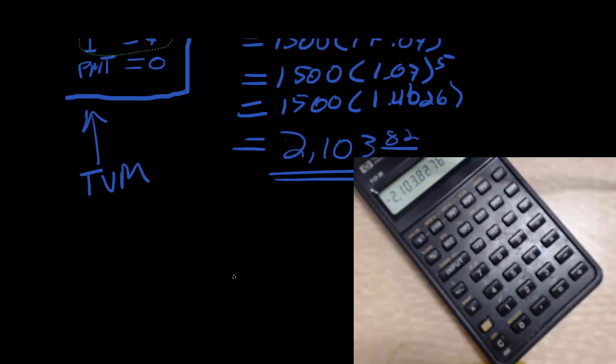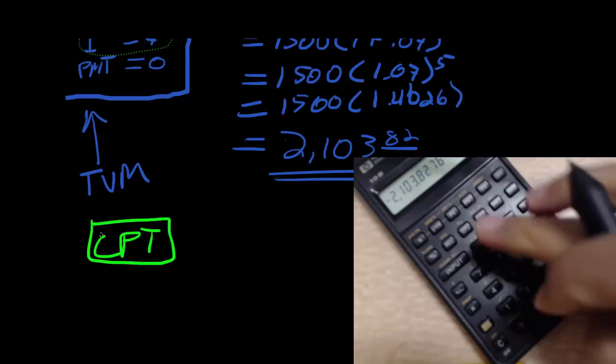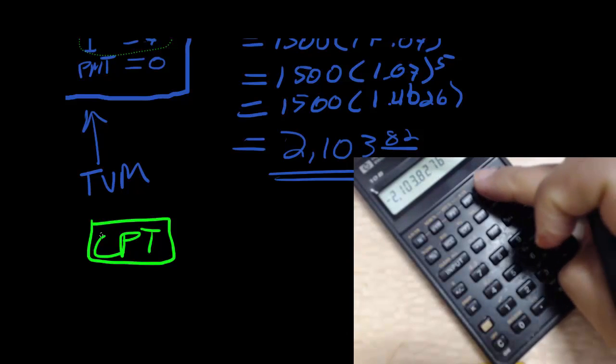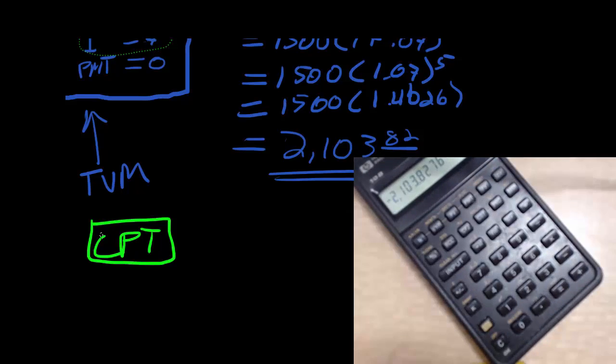Your CPT button should look like this, CPT. And so you may want to hit the compute button before. Again, on the Hewlett-Packard 10B, all you hit is the future value button and get the same answer, 2,103.82.